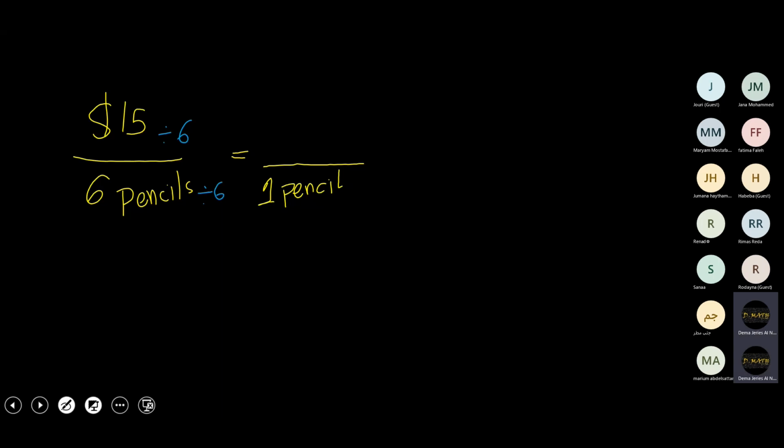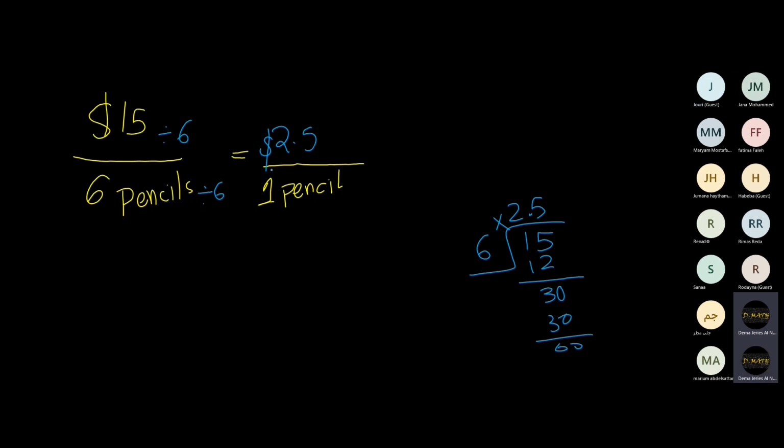Now 15 by 6, let's divide it here. 2 times 6 is 12. 3 cannot divide, so 2.5. So it's $2.5. You can write the answer as a decimal per 1. It's not a fraction. It's a rate or a ratio, and in a ratio, everything can happen. It comes like a decimal per number, $2.5 per 1 pencil. That means each pencil costs $2.5.